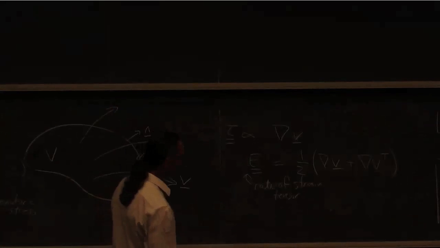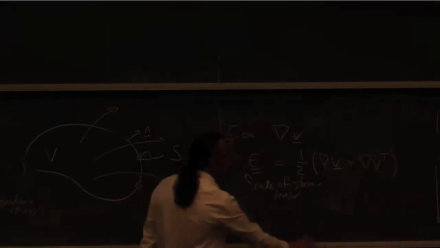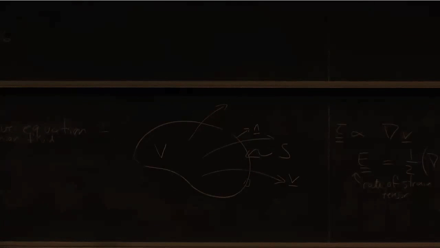Okay, and then if we do this, I'm going to erase this equation here. We're going to assume the stress is proportional to the rate of strain tensor. We're assuming it's a linear relationship, right?